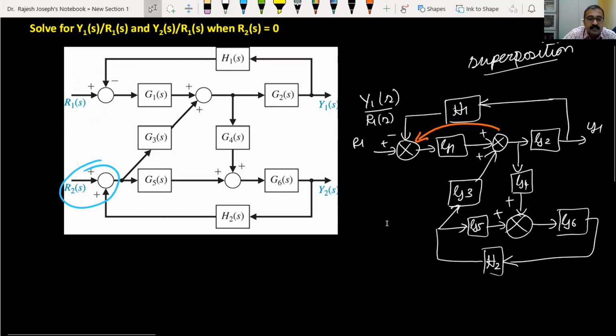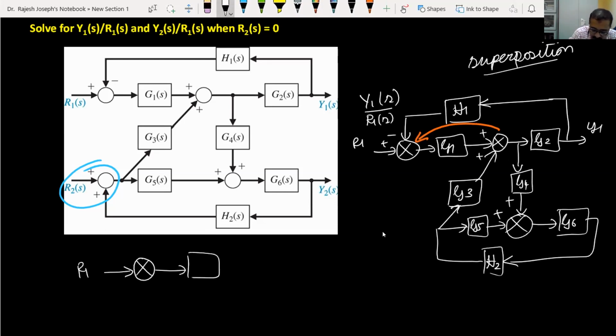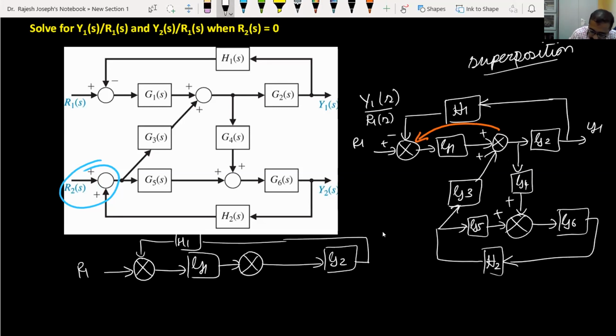So let us read out that. R1 is there. This is R1, then this is G1, summing point, G2. Then H1, coming from the output of G2.